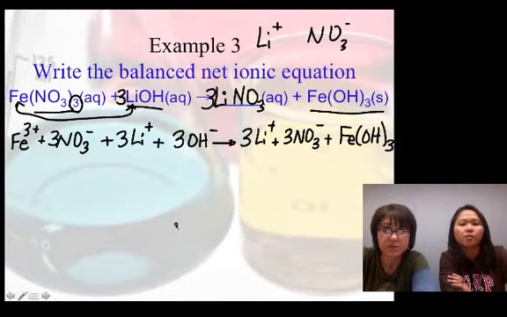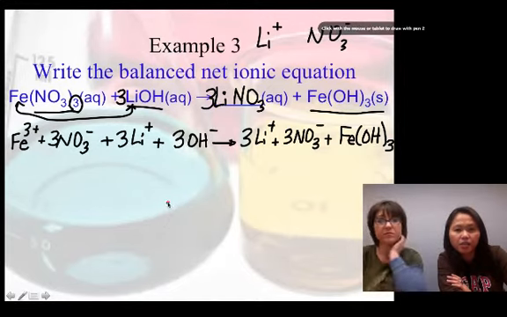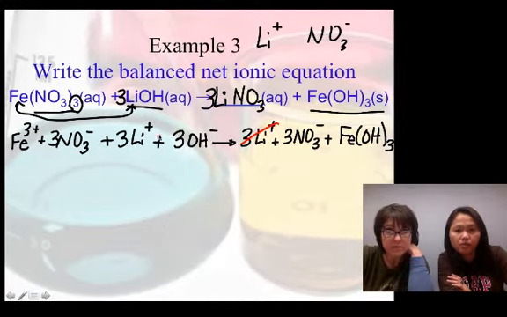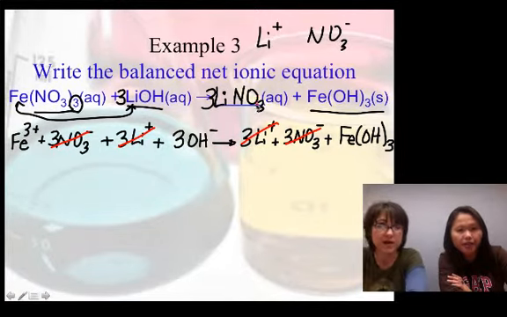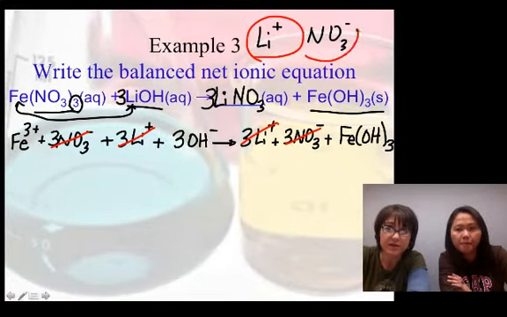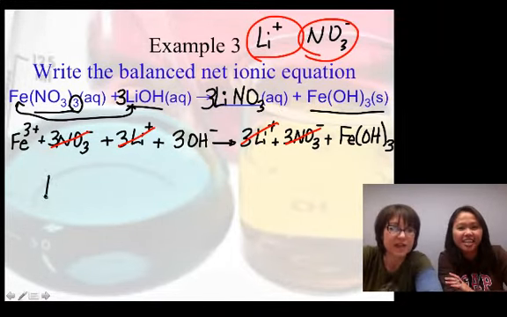So what's the same? I see 3 Li plus and 3 nitrate, and that's it. So we've gotten rid of our spectator ions. We don't get to write them on our roster because they're not playing in the game.